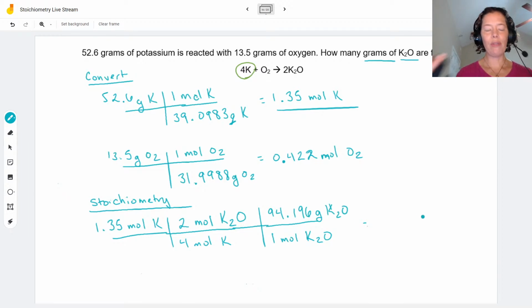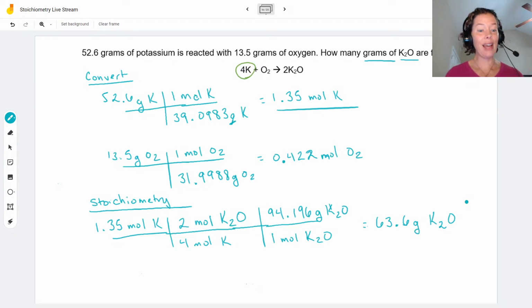Okay, so if I do this calculation, I'm going to get 63.6 grams of potassium oxide. And that is that problem completed.